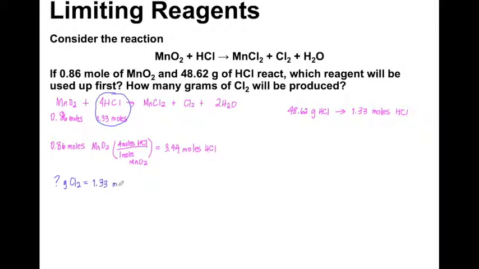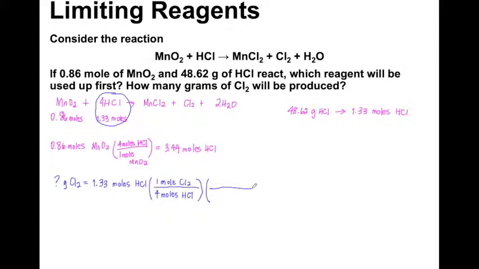So 1.33 moles of HCl, and then we're going to use a stoichiometric factor, but this time it's the factor between HCl and Cl2. In our balanced chemical equation, we have 4 moles of HCl, so in our numerator, I'm going to write 1 mole of Cl2.